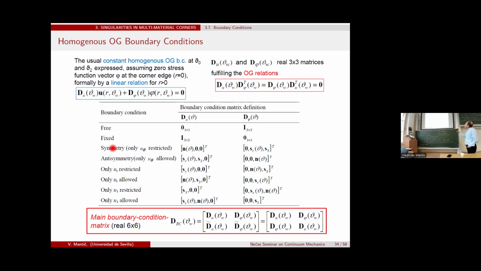So we can write any of these homogeneous boundary conditions in this form. It is interesting and useful that d_u and d_phi fulfill this orthogonality condition and allow us to form these 6 times 6 real boundary condition matrices, which are also orthogonal. This is an orthogonal matrix, easy to show.